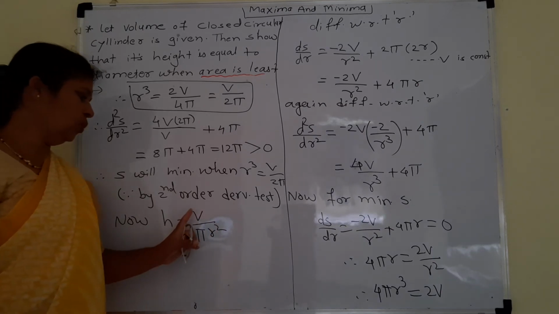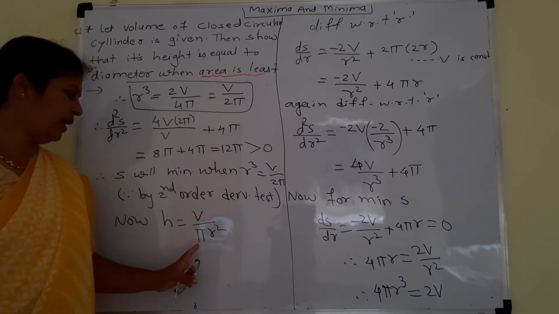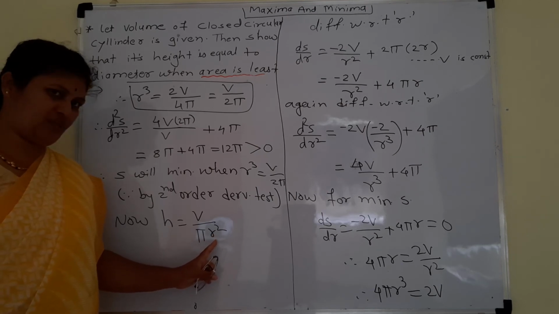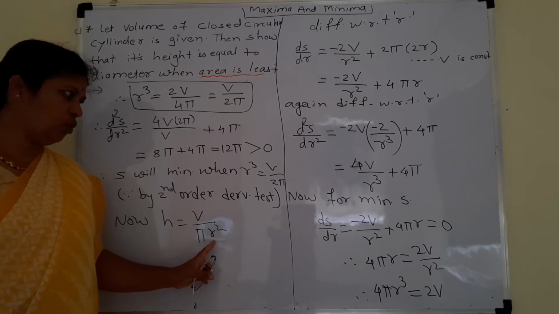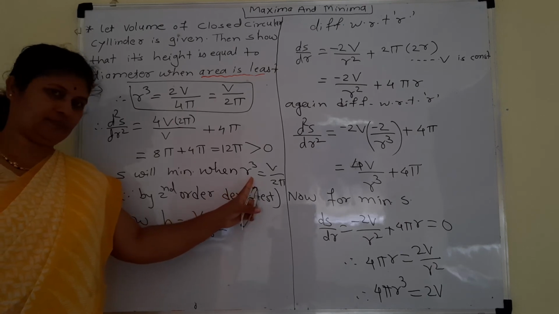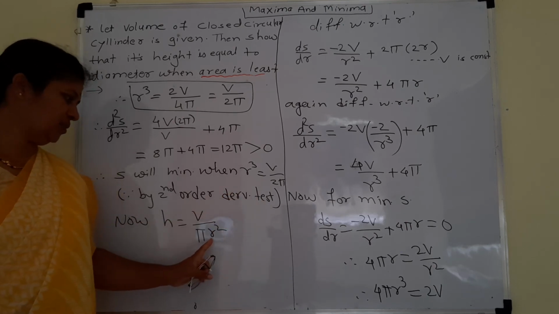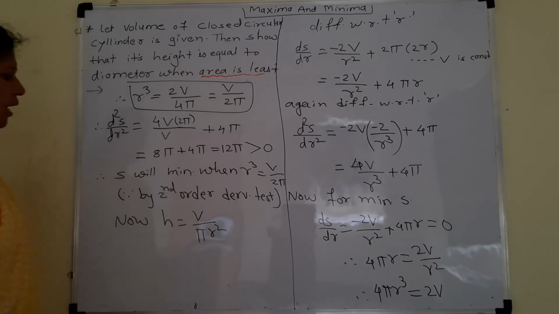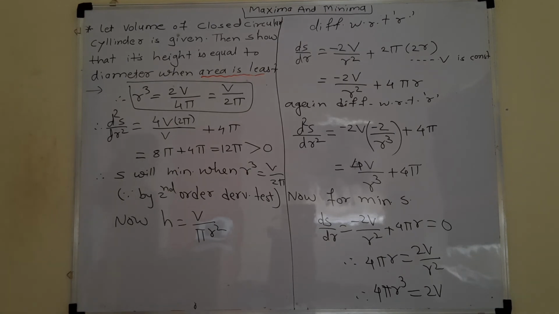So put this value of r square here. You will get the relation between h and r.